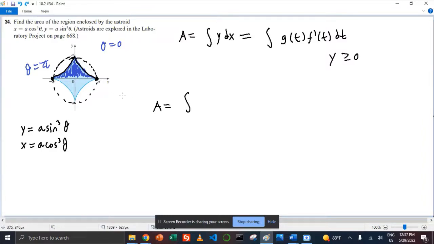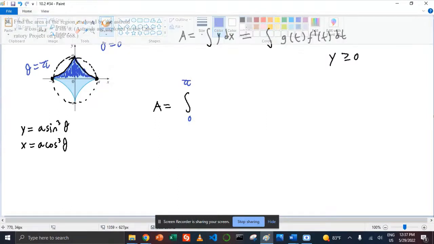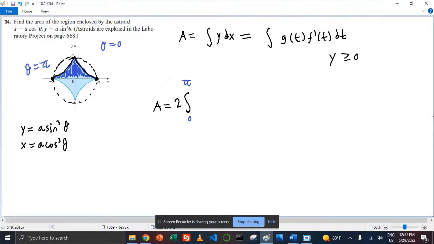So a brief note on that. Our limits of integration are really just going to be 0 to pi, and the actual area is going to be twice this, because this is only the equation for the top part of the asteroid.